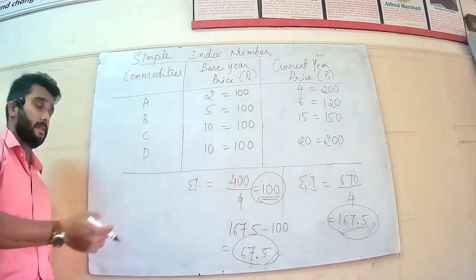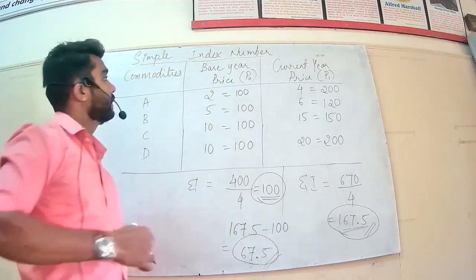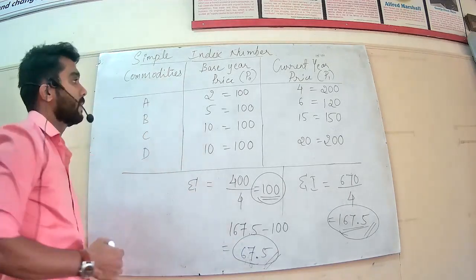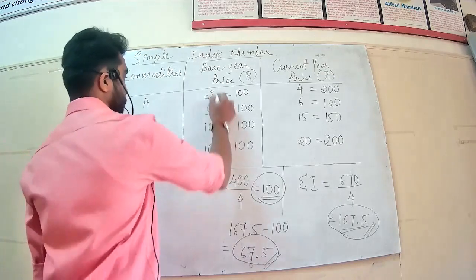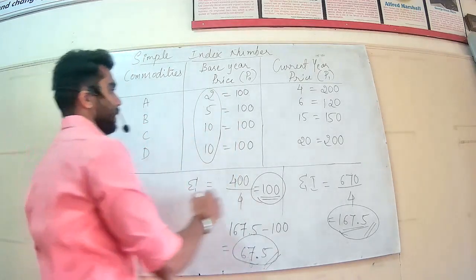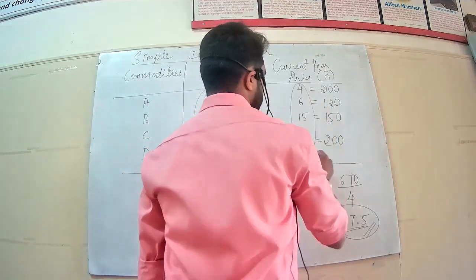Let me re-explain this in case you need it. Here are hypothetical commodities taken as an example, these are the base year prices of these commodities respectively, and these are the current year prices.